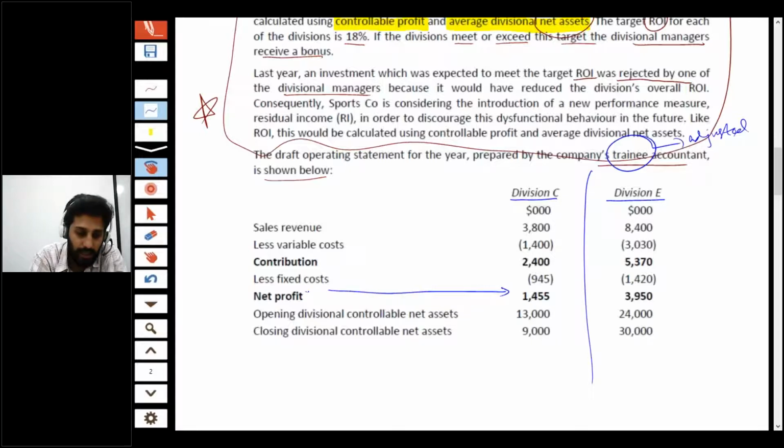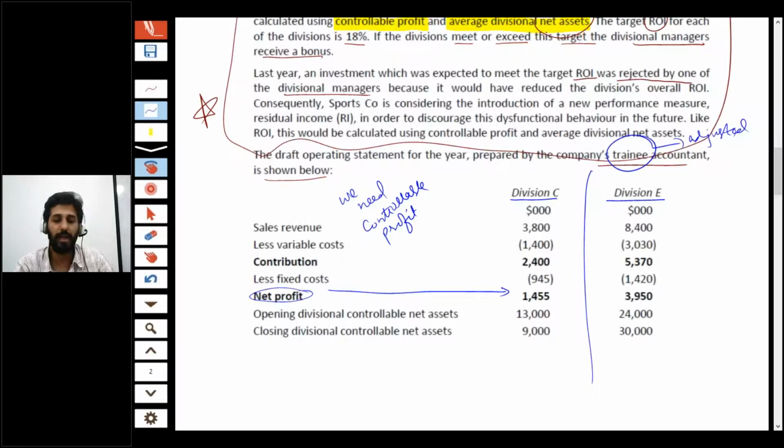And we need controllable profits. So how do we know?